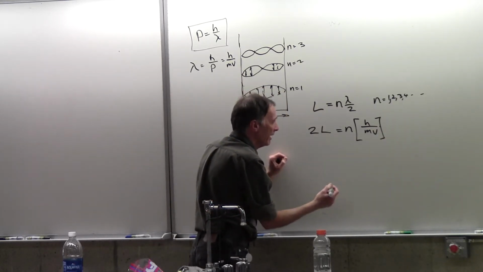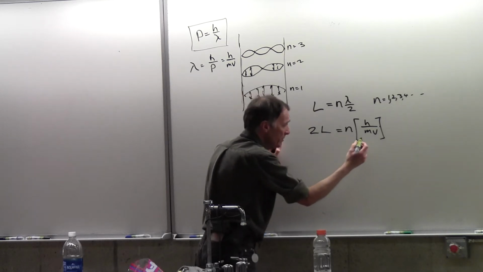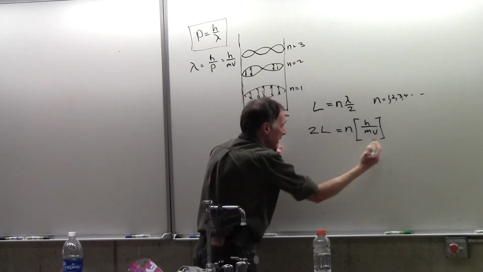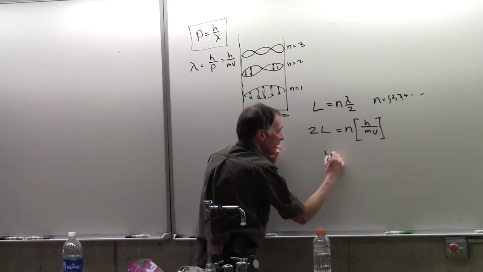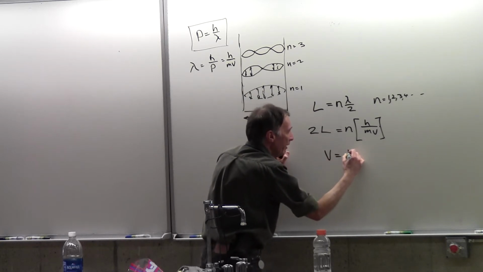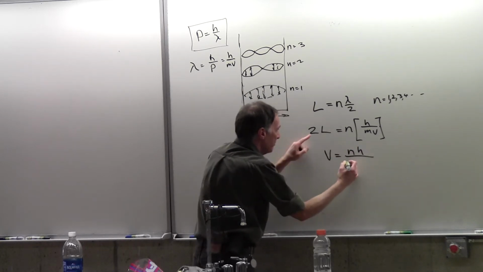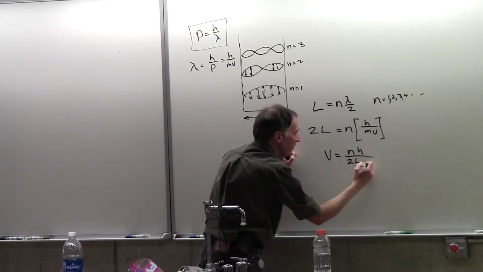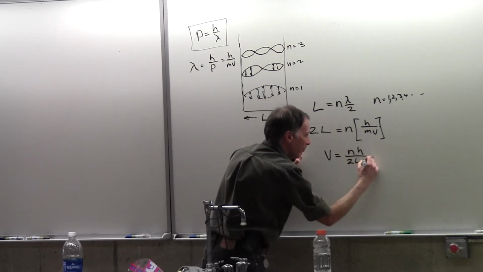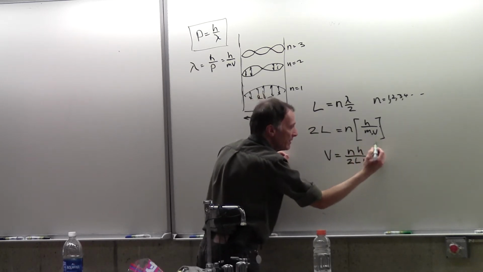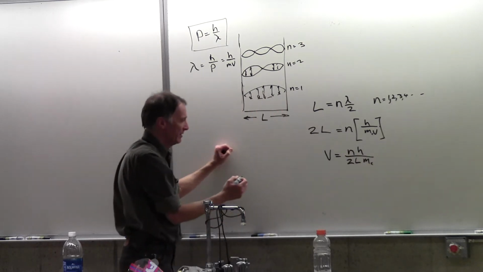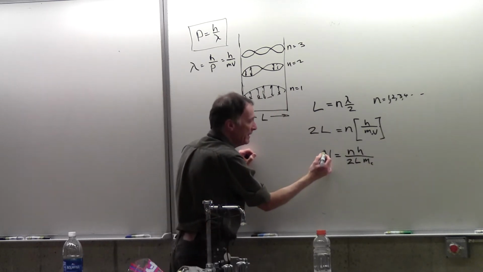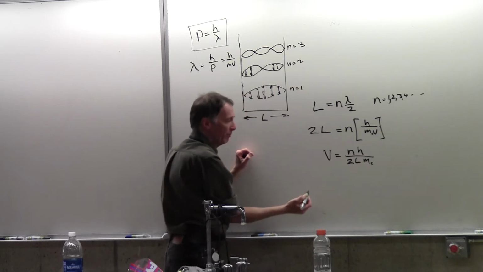Let me go ahead and solve for v. So I'll bring v up here. v is equal to nh, I'm going to be dividing by 2L, and what did I forget? Oh, m. This m is the mass of the electron. And so these are the speeds that are possible.